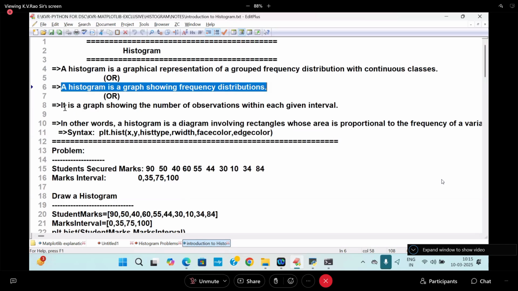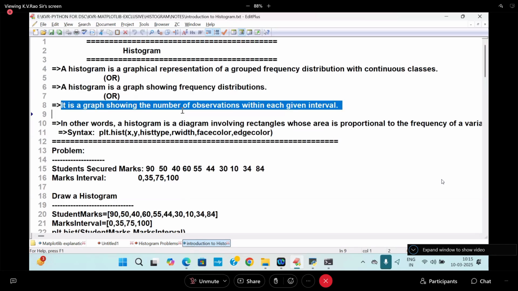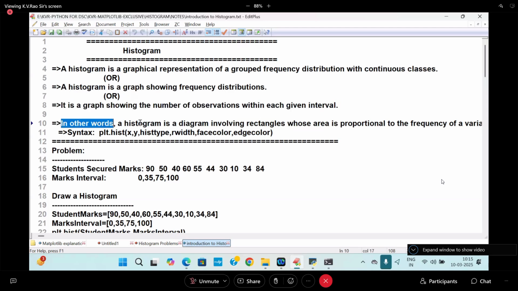It is also a graph showing the number of observations in each given interval. In other words, a histogram is a graph involving rectangles. These are called rectangles.